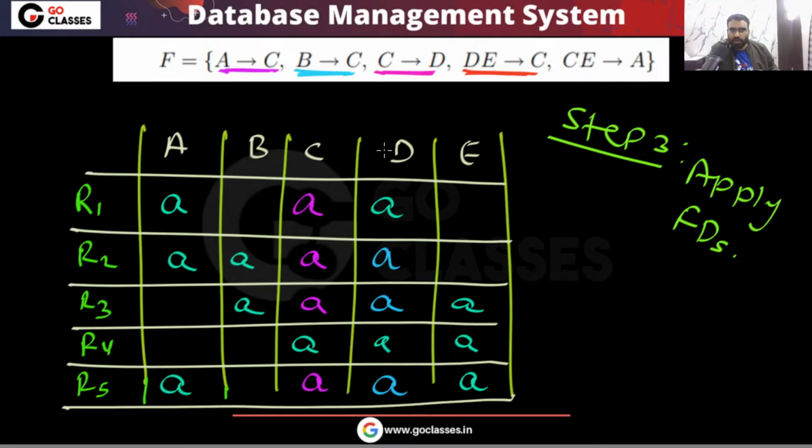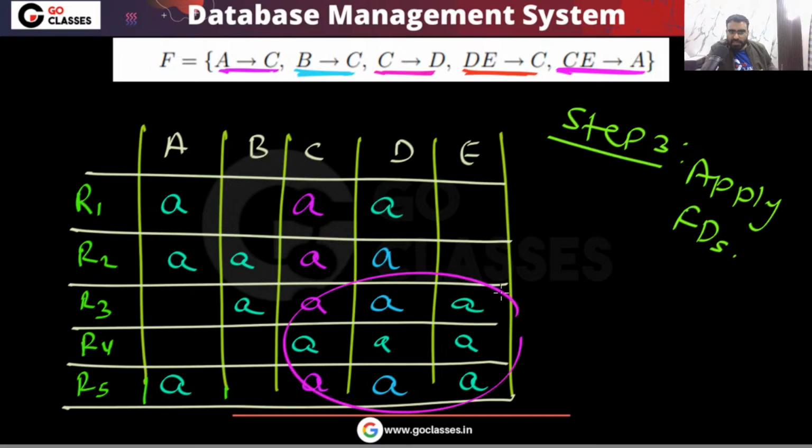Next, what else we can do? Let's apply this CE determining A. CE determining A means whenever two tuples have same CE value, they must have same A value. So where do we have same CE value?